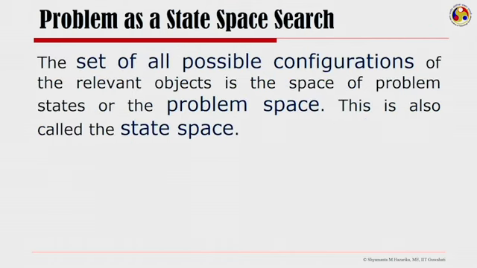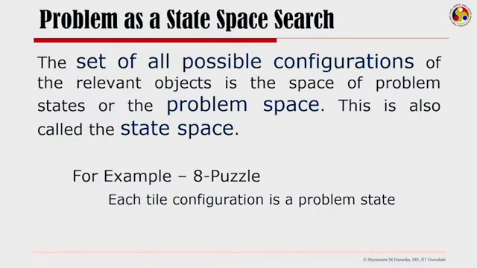The set of all possible configurations that I get of the relevant objects is the state space of the problem. This is also referred to as the problem space. I showed you an example of the 8 puzzle.